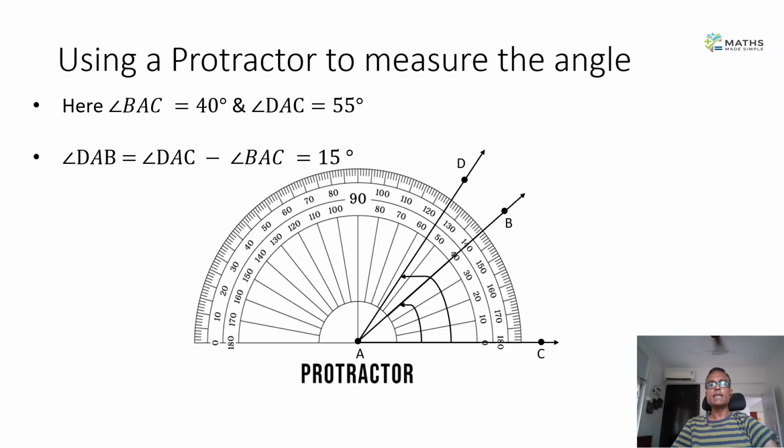So angle DAC here is 55 degrees and angle BAC is 40 degrees, which means angle DAB is nothing but 55 minus 40, that gives you 15 degrees.